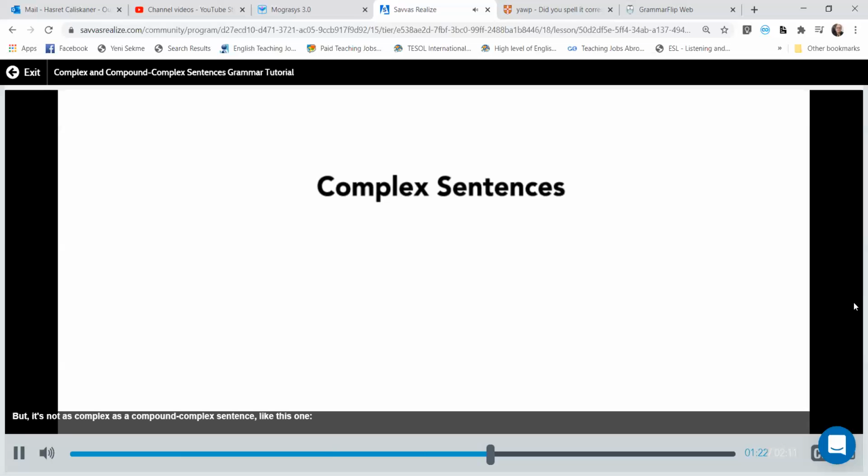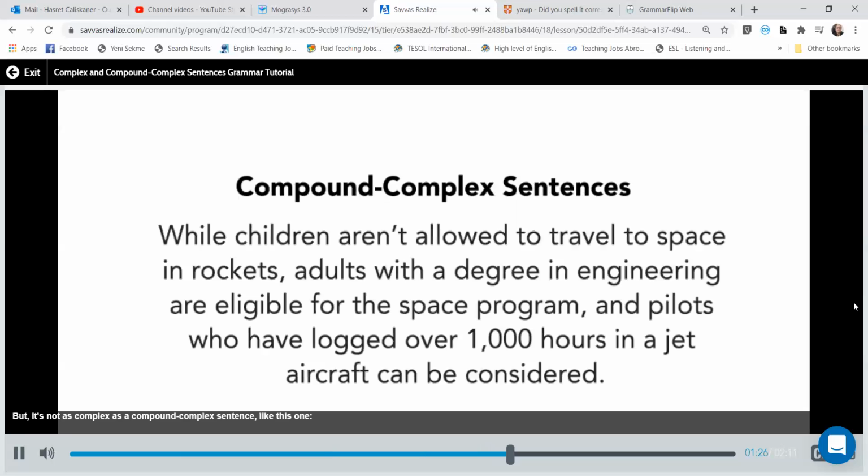But it's not as complex as a compound complex sentence, like this one. While children aren't allowed to travel to space in rockets, adults with a degree in engineering are eligible for the space program, and pilots who have logged over 1,000 hours in a jet aircraft can be considered.